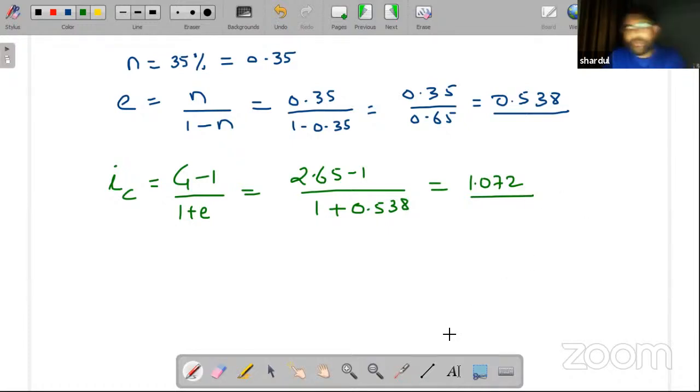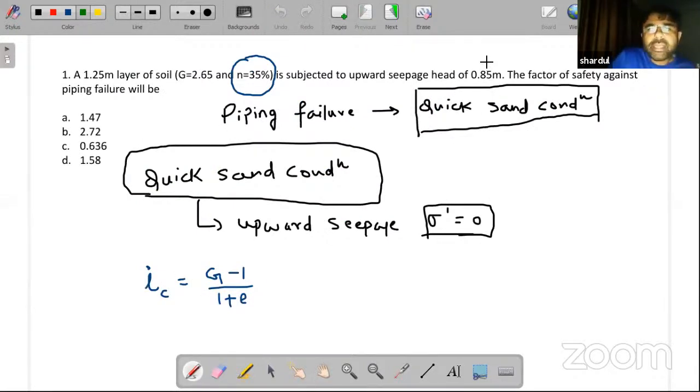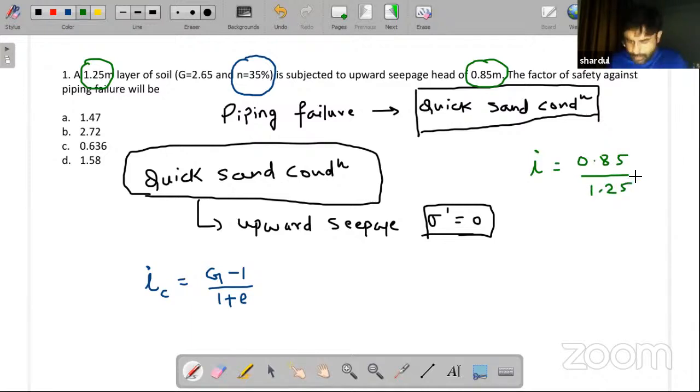Now from the question you can see that the seepage head was 0.85 and the soil thickness was 1.25. So the working hydraulic gradient is 0.85 upon 1.25, which is 0.68.